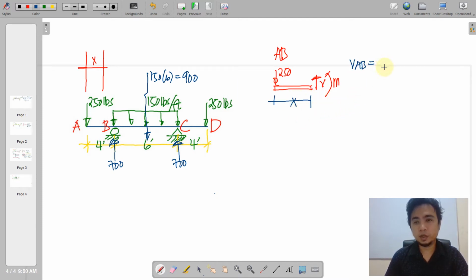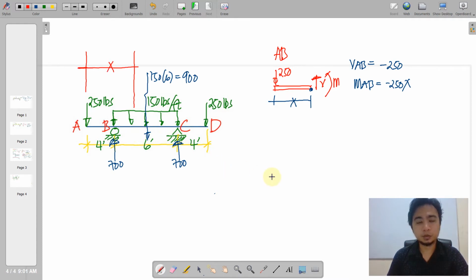We write VAB, and that is simply equal to negative 250. And MAB, we take this reference line, that is a negative going downward fiber. So negative 250x.